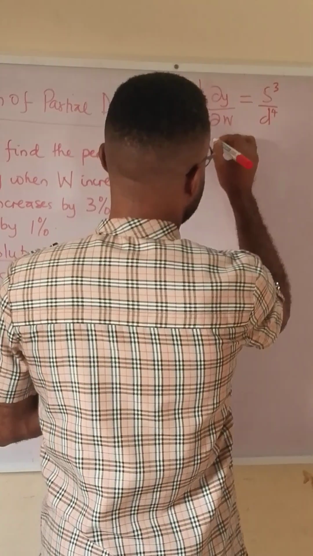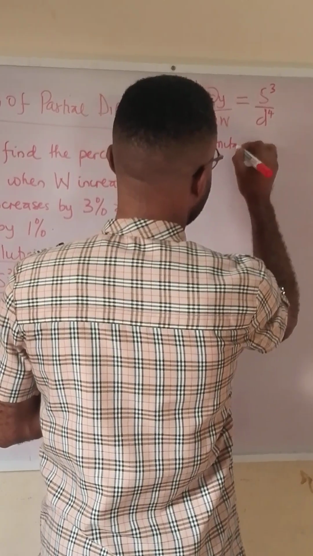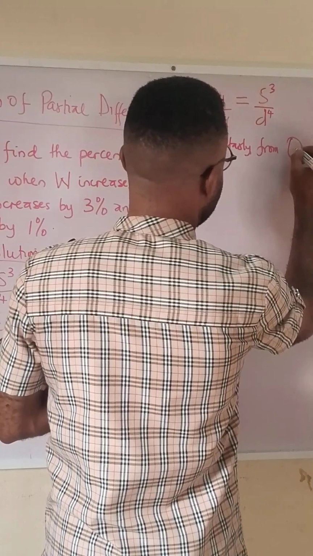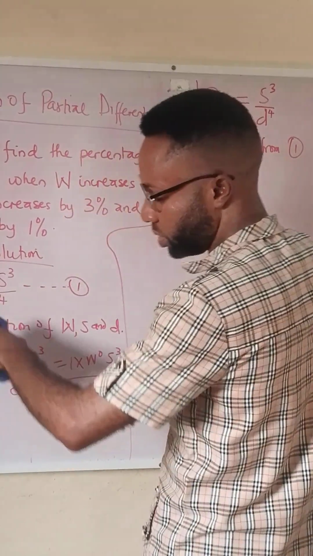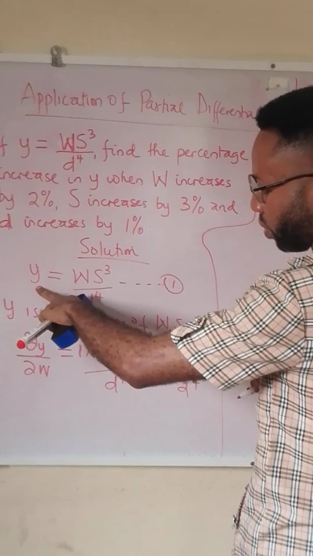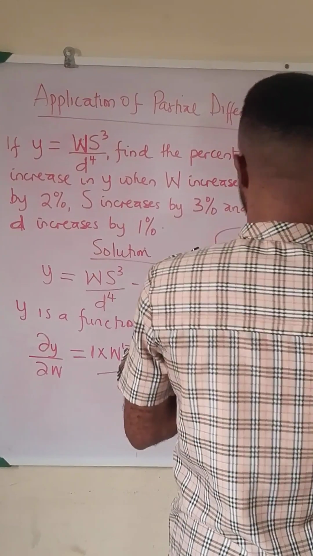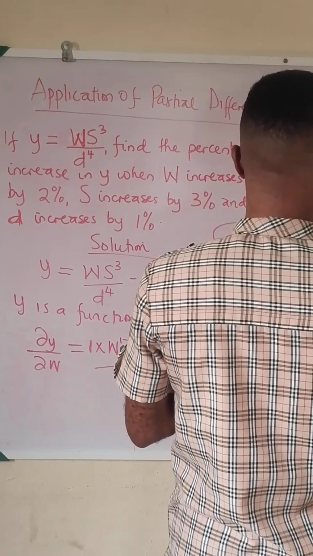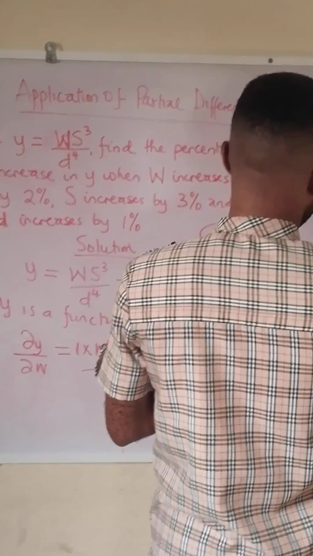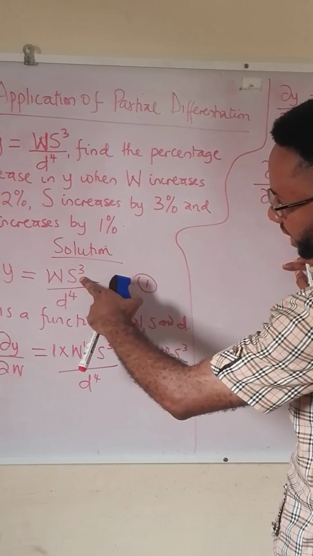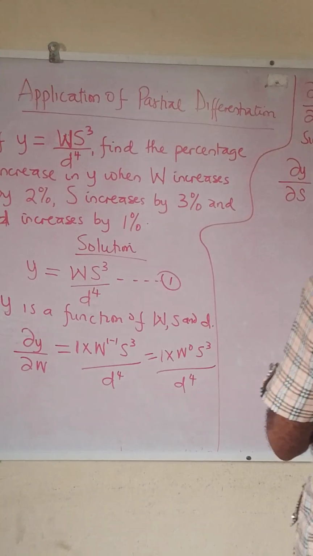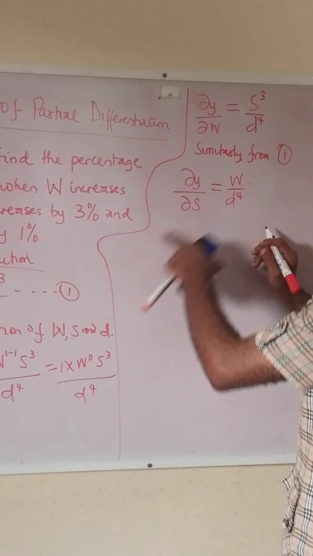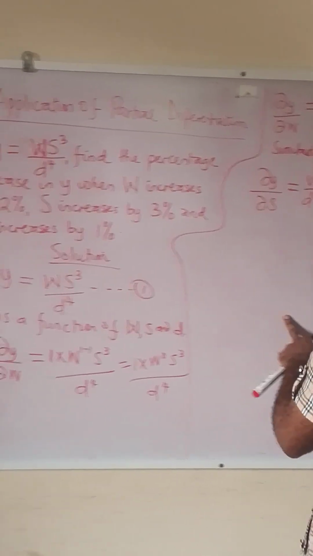Then again, similarly, from equation 1, we are going to also consider the partial derivative of y with respect to s. Because we are considering s now, the other terms will be kept constant. So we have w over d raised to power 4, and then we are differentiating s cubed now.